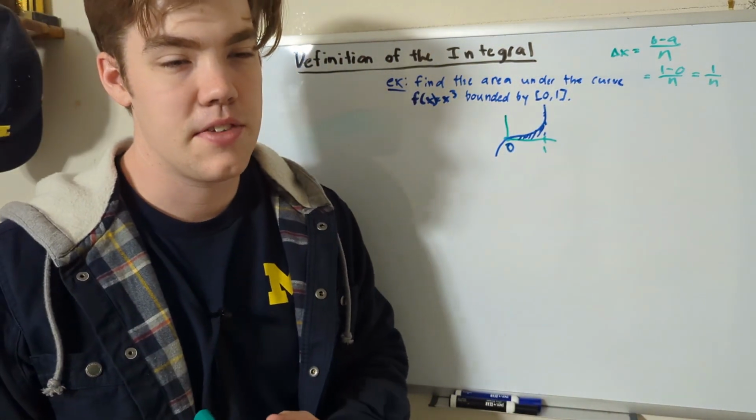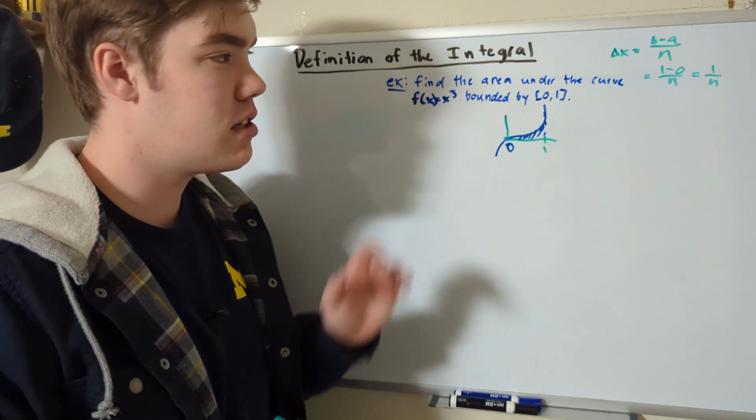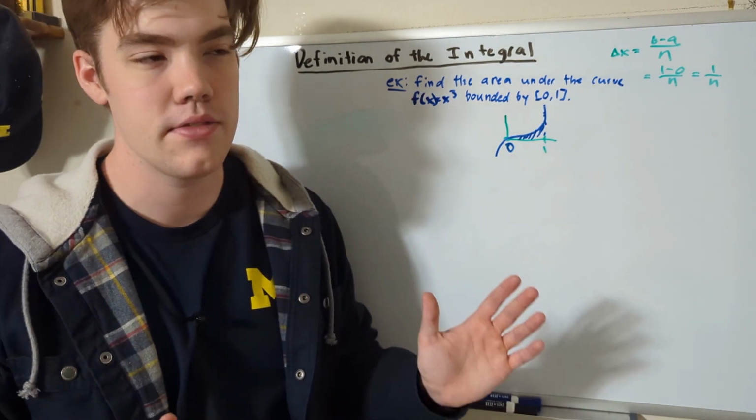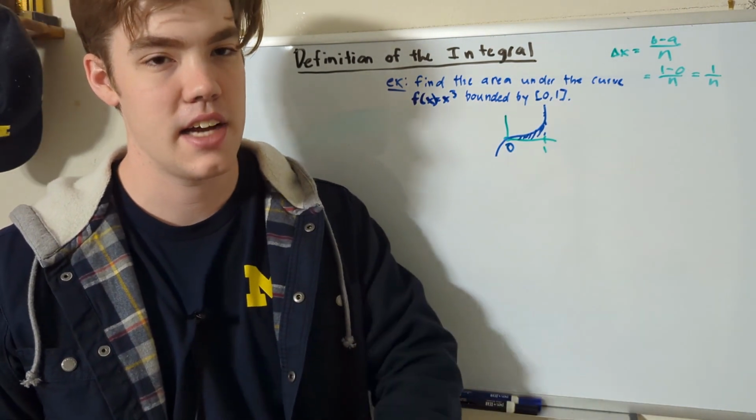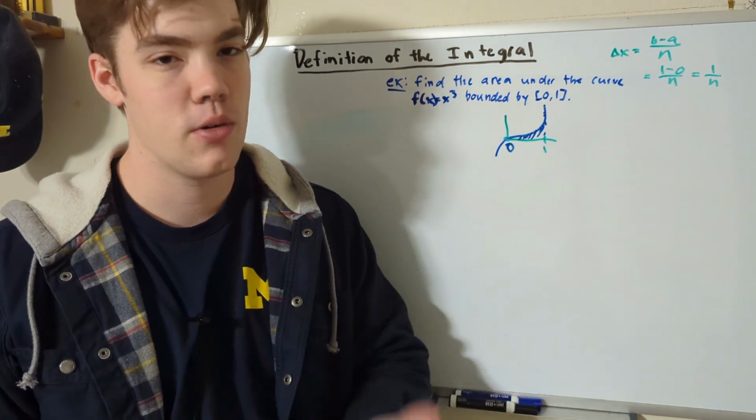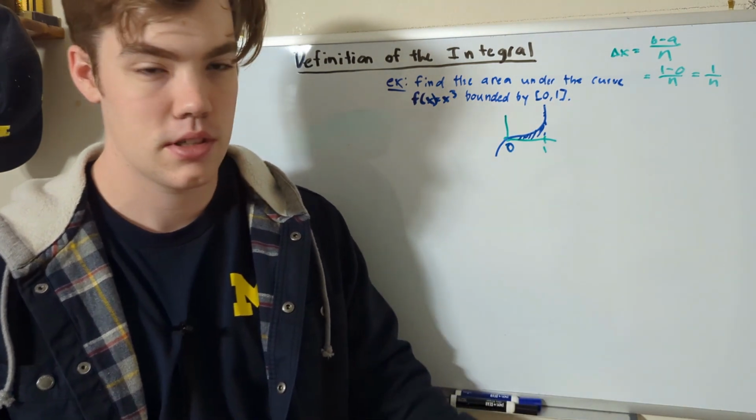And then the other thing we need to figure out before plugging it into our Riemann sum formula is that other part, f of a plus k delta x. What does that equal? Well, we know what delta x equals, we know what a equals, let's plug that in.